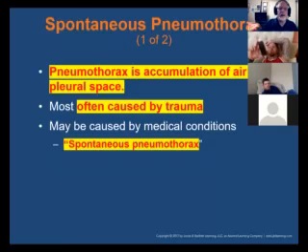Most often we think of trauma as the cause. It can also be spontaneous pneumothorax, which you primarily see in young, tall males. So we're talking very late teenage up through the 20s, tall and slender.